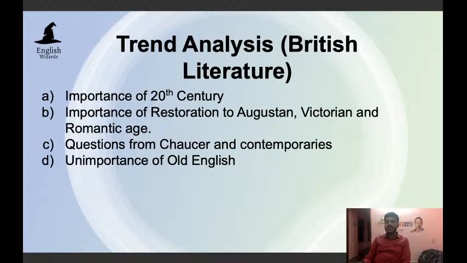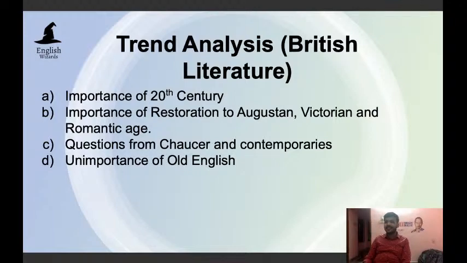If you look at the NET question papers from June 2009, when it was first started, to the last question paper, let me tell you this one question. Who among these is not a contemporary of Chaucer? This particular question, I can tell you, surely has been repeated for more than 10 times.